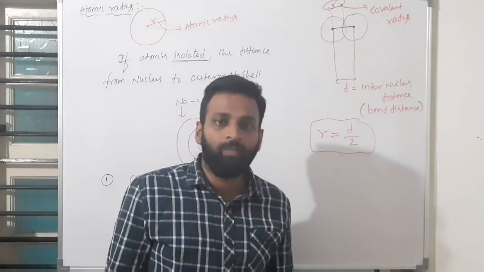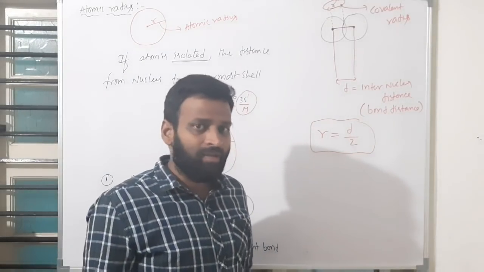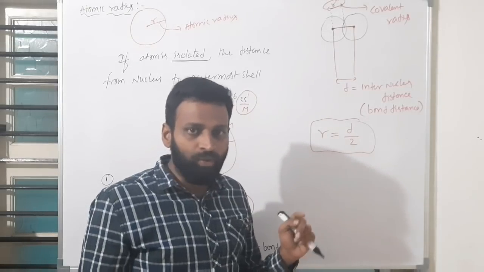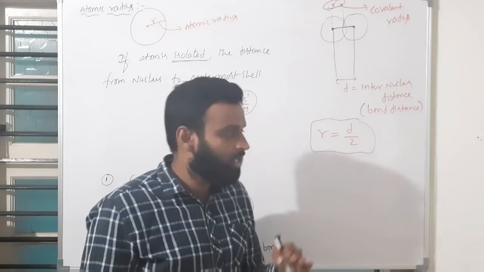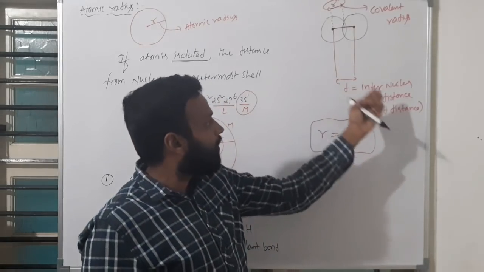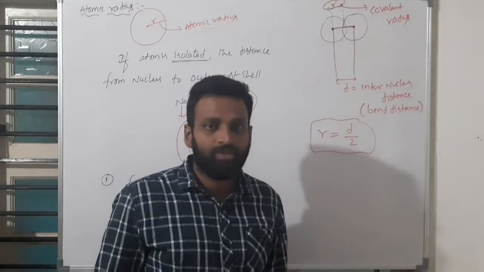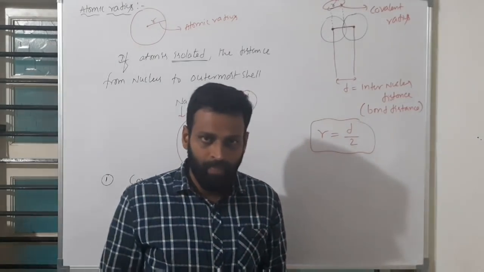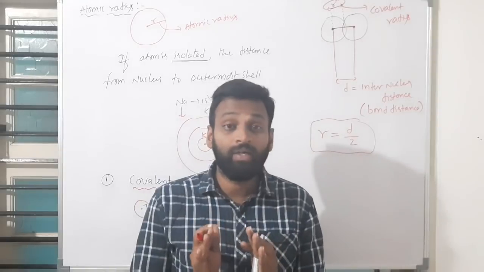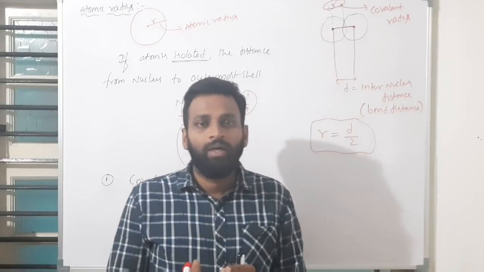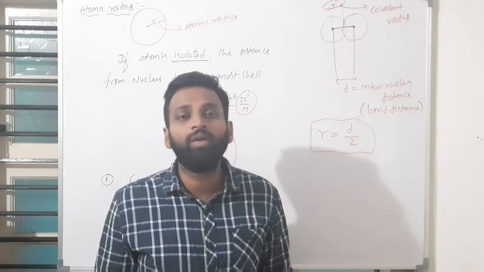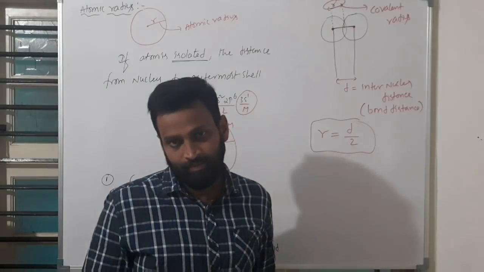So what is covalent radius? The distance between two nuclei of two atoms when they are in closest approach is called bond distance or internuclear distance. So half of the internuclear distance between two atoms when they are in covalent bond is called covalent radius.